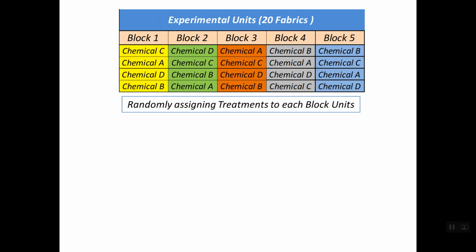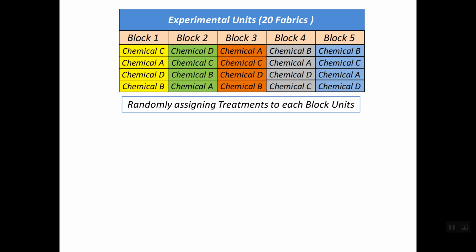After that, we have the randomness process. Simply, for each block, we assign the 4 treatments in a random manner to the units of each block.